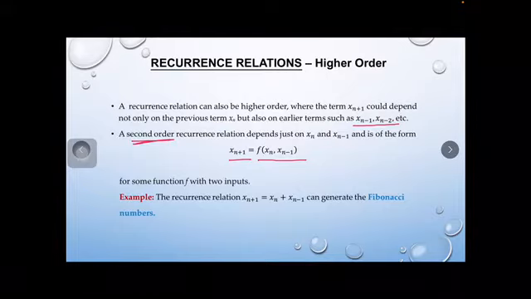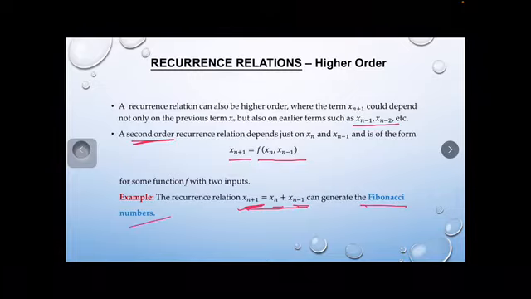For example, if we have xn plus 1 equal to xn plus xn minus 1, this recurrence relation has order 2, because the final term depends on the previous two terms xn and xn minus 1. This is the Fibonacci series, right?